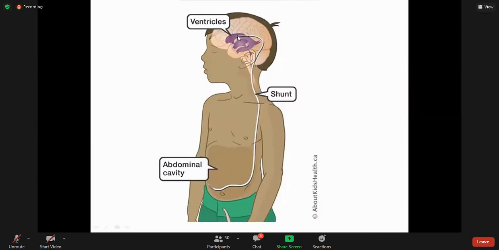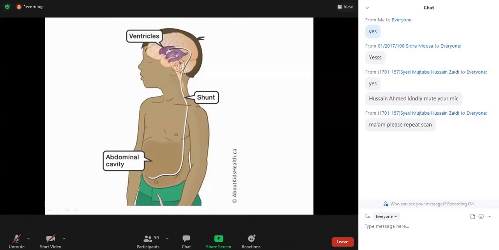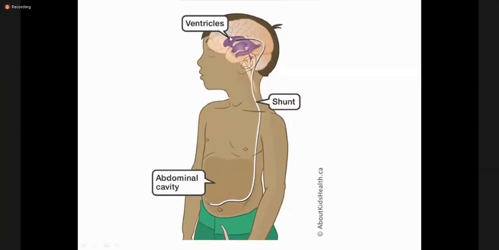So this is the shunt. Superior or cranial catheter within the ventricular system. We pass it subcutaneously and finally we leave the lower end into the peritoneum, or it can be done into the atrium, which we call ventricular atrial shunt, or the pleural cavity, which we call ventricular pleural shunt. Okay, and it can be done through the LP, then we say it lumboperitoneal shunt.